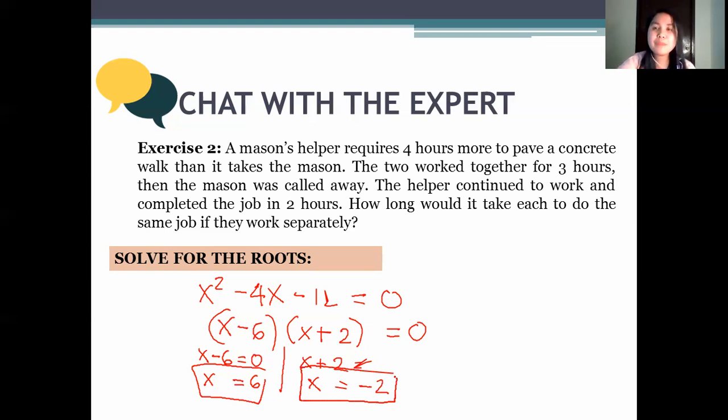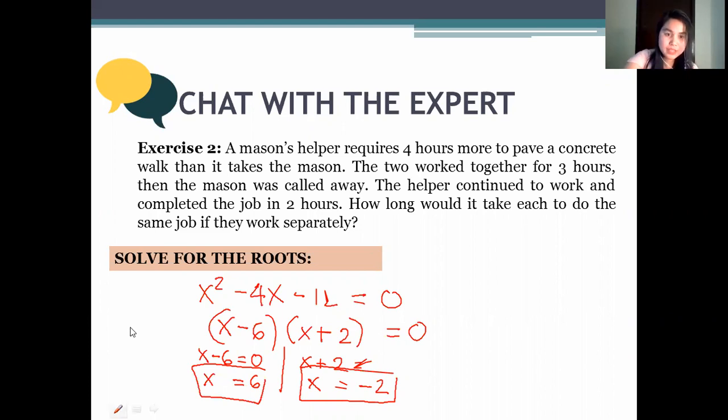But remember, we are talking about time. So there's no negative 2 in time, right? So we just consider x equals 6. We cancel negative 2. So the final answer is x equals 6.